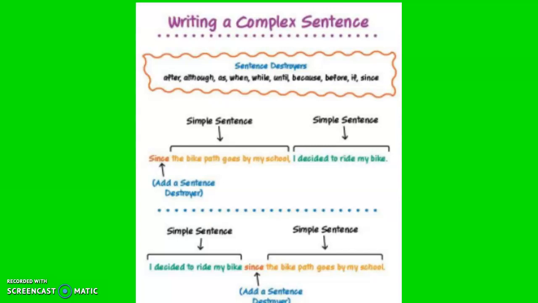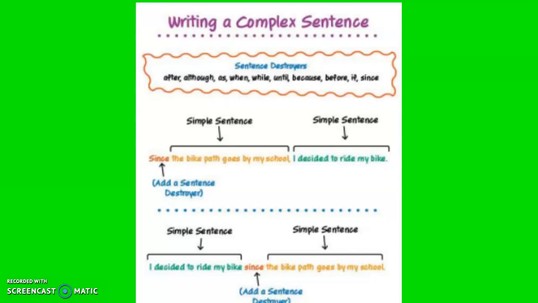And then our second example, they said you could add it at the end of your first simple sentence. They added since to the end of that simple sentence number 1. So it said, I decided to ride my bike since the bike path goes by my school. So there is example 1 and example 2 for writing your simple sentences and making them into a complex sentence.